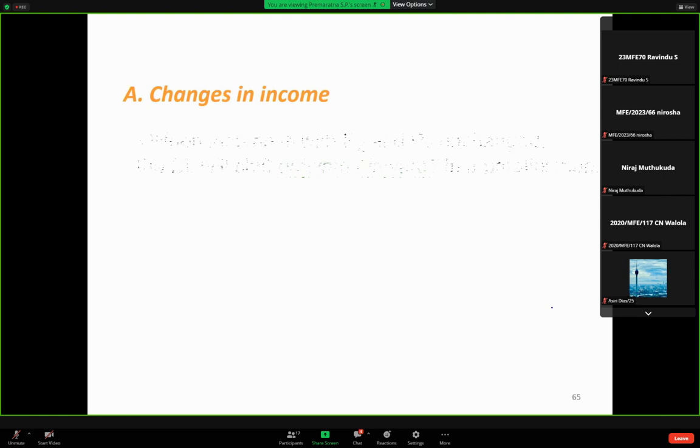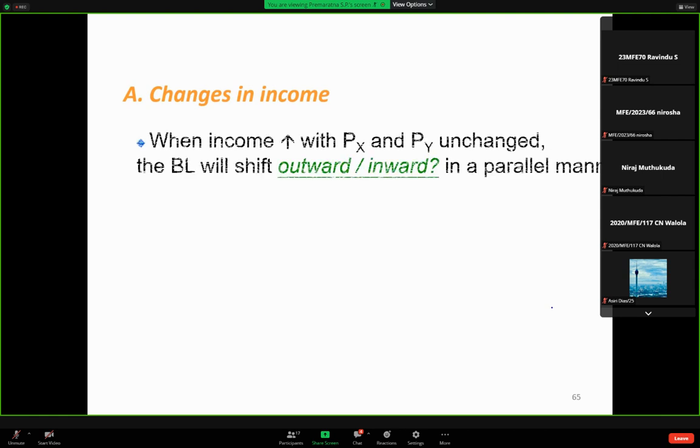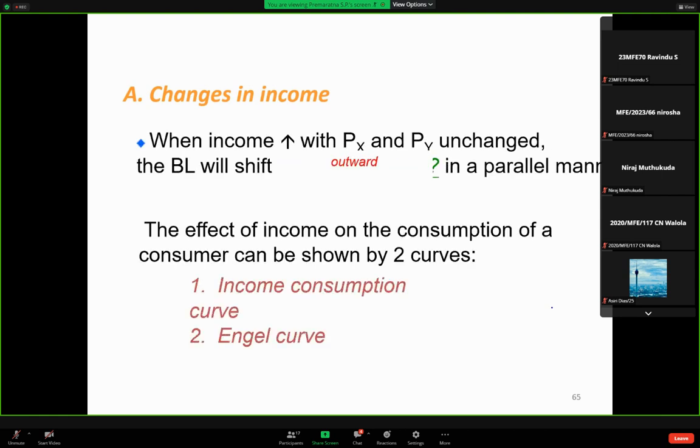When income changes, expenditure or the budget line shifts, and through this exercise we derive two curves. One is the income consumption curve. The other one is the Engel curve.